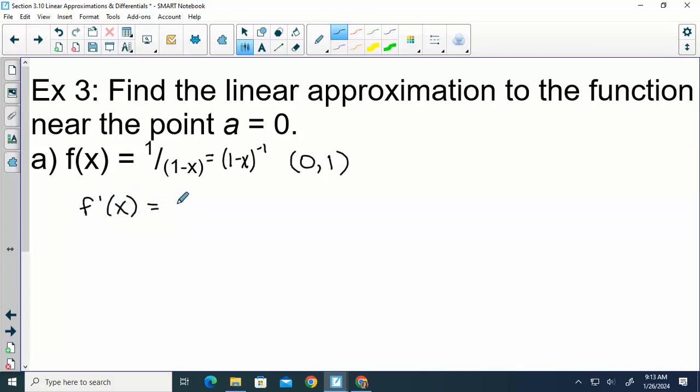So the derivative, exponent comes down, the inside stays the same. Subtract 1 from the power times derivative of the inside, which is negative 1. Gives me a 1 over 1 minus x squared.